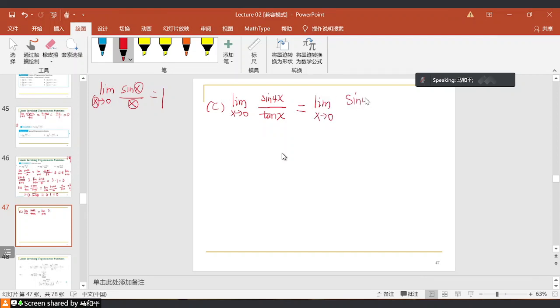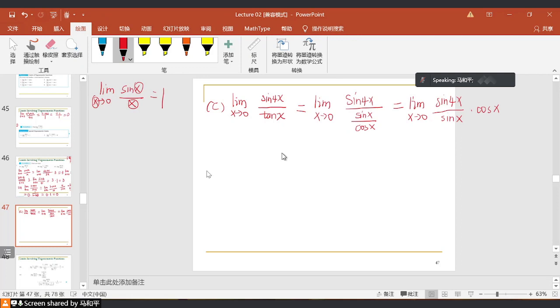This is sin 4x over tan x. Tan x we know is sin x over cos x, right? So we write it is equal to the limit as x approaches 0 of sin 4x over cos x times over sin x, that is sin 4x over sin x times cos x.